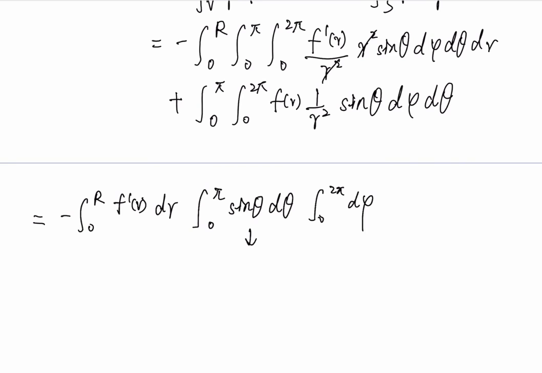So this integral gives 2, this integral gives 2 pi, and this integral actually gives back the f function, and this is f of R minus f of 0, right? So the first one we've already worked out, and now the second term, again we do a similar thing. So let's look at the theta and the phi.